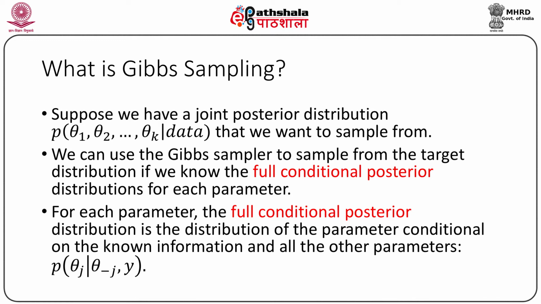For each parameter, the full conditional posterior distribution is the distribution of the parameter conditional on the known information and all the other parameters. For the notations, you should go back to your notes.